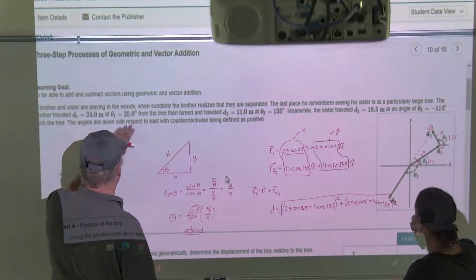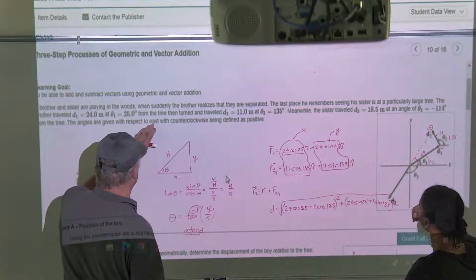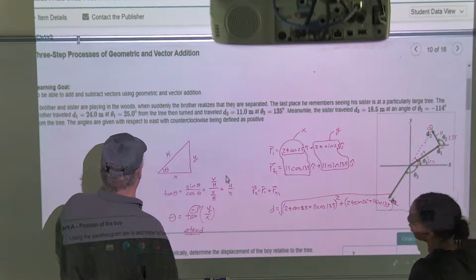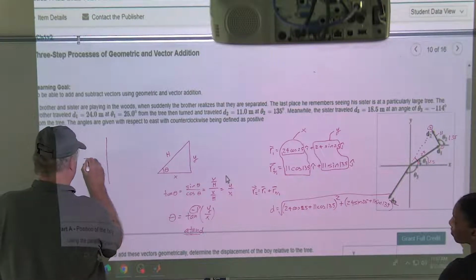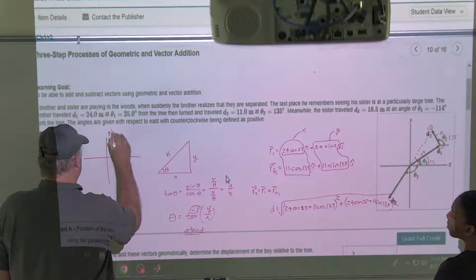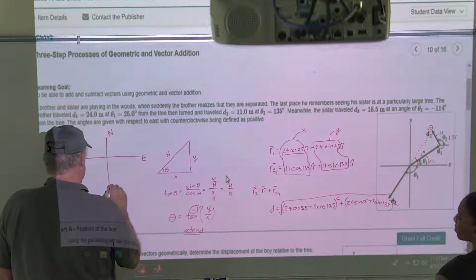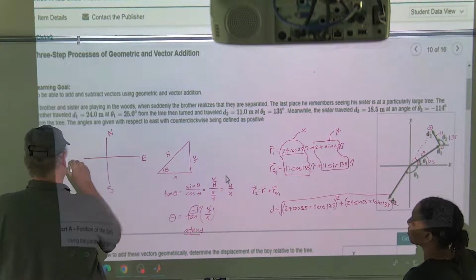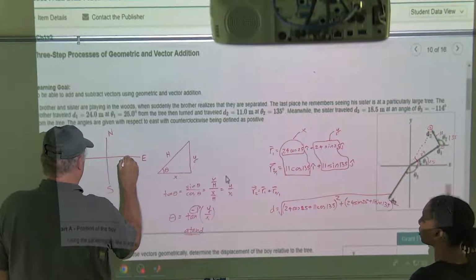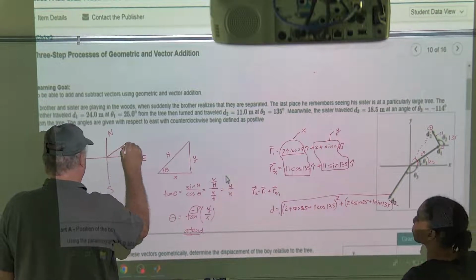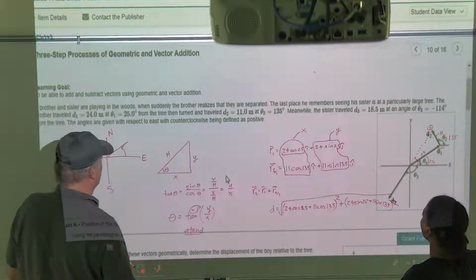So the angles are given with respect to east. That's what I was confused about. So they're saying north, and if you go east, and you go south, and you go west, counterclockwise, clockwise runs that way. It kind of confused me a little bit.